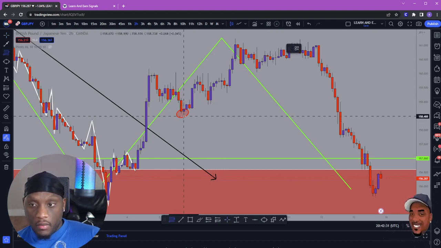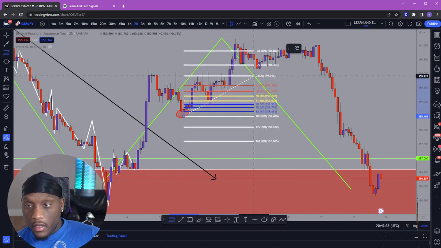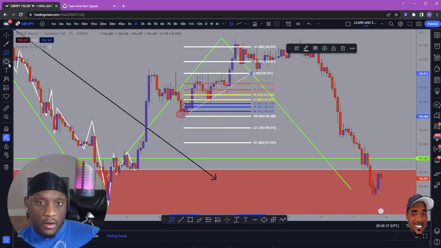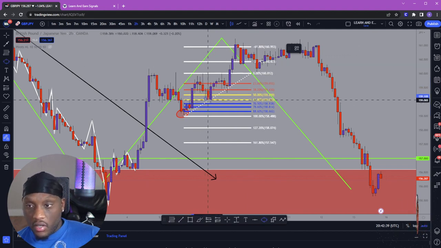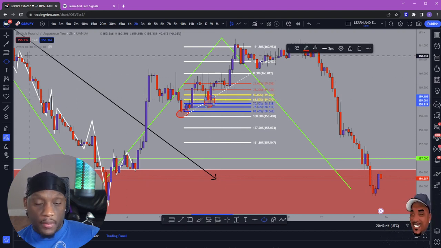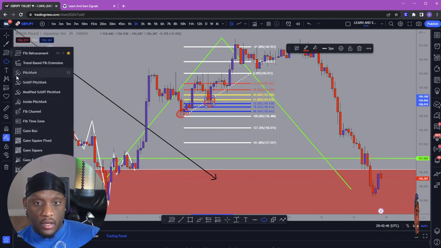So ultimately, when we start our fib, we could see the buildup that happened right here, where price kind of settled on here as well. And then it was this retest that pushed up. So if we were supposed to just draw this area alone, this is what we would see.